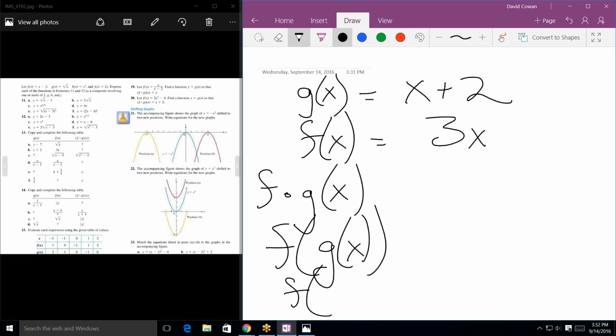Would that be 3x plus 2? No, it's just x plus 2. Right here, g of x is x plus 2. So in place of g of x, I'm going to write x plus 2. And now, what is f of x plus 2?